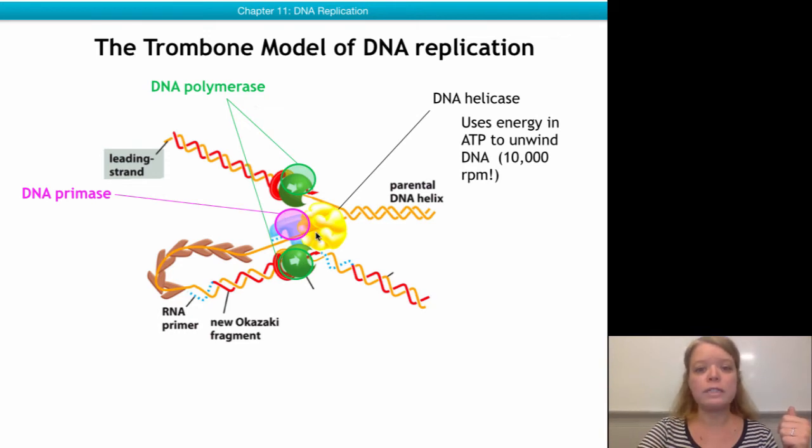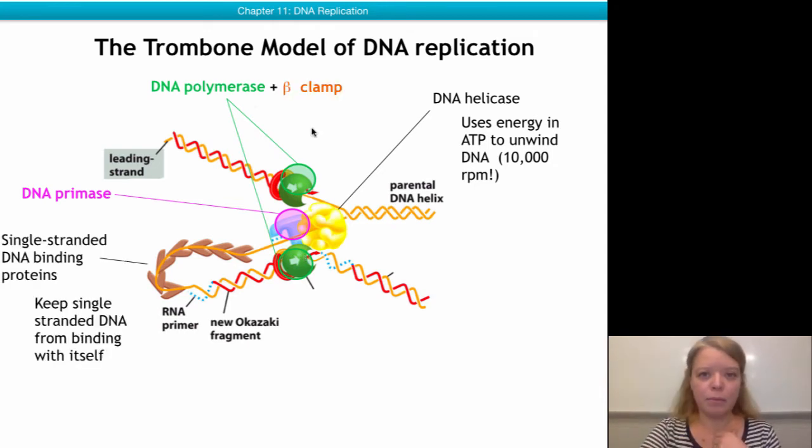But you always need a primase that constantly goes on and off on the lagging strand to synthesize the little RNA primers, which will be extended into Okazaki fragments by the lagging strand DNA polymerase.